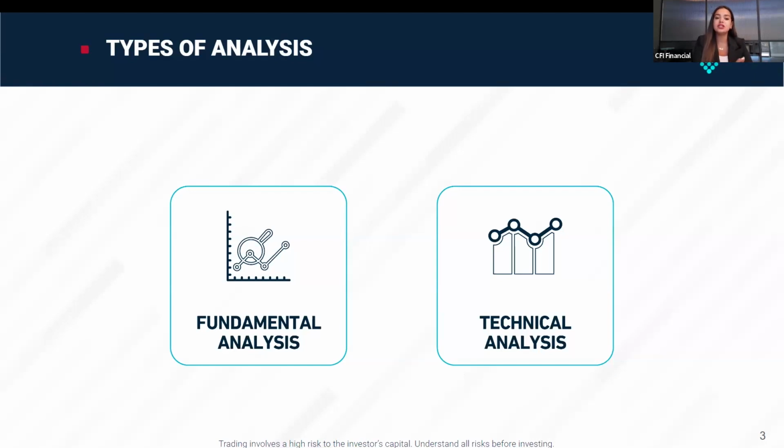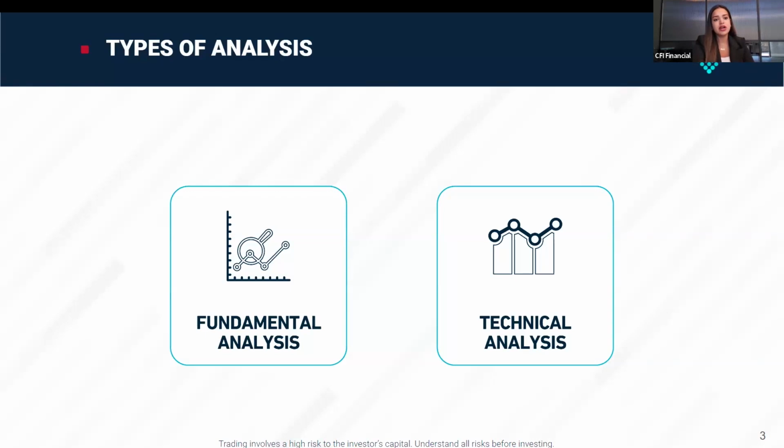It comes under fundamental analysis. While technical analysis is studying the past price movement in order to forecast future price movement by analyzing the trends, technical patterns, or technical indicators. We're going to discuss this in more detail.